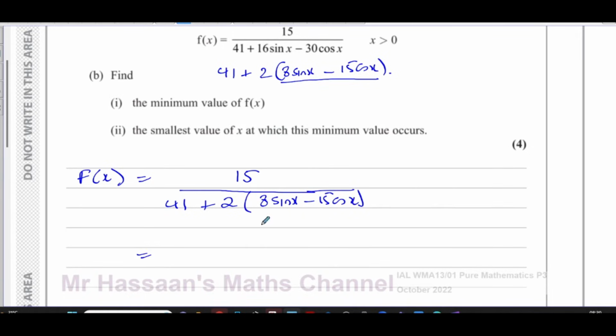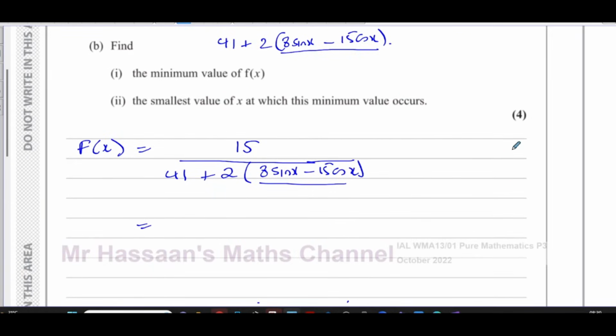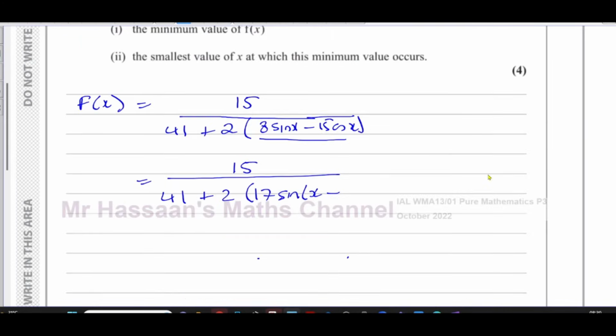And I can take this and replace it with 17 sine of x minus 1.081 radians. So this is equal to 15 over 41 plus 2 times 17 times the sine of x minus 1.081.